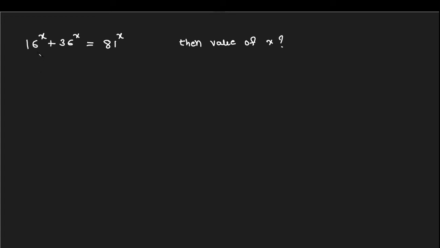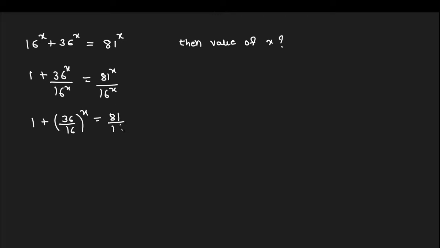So this equation will become 1 plus 36 to the power of x divided by 16 to the power of x is equal to 81 to the power of x divided by 16 to the power of x. Now we can write this equation as 1 plus (36 divided by 16) to the whole power of x is equal to (81 by 16) whole to the power of x.